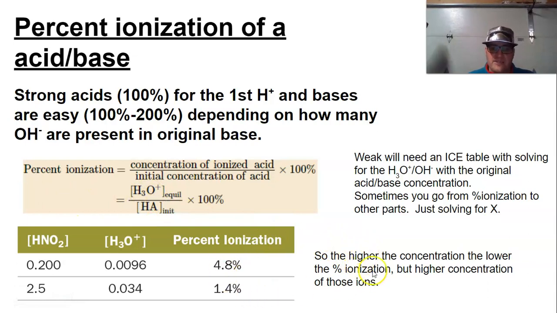Now, one of the things that comes up here, wanting you to think about: the higher the concentration, the lower the percent ionization. Okay, so when you have higher concentration, you get more hydronium. You can totally see it. But the percent that ionized is a smaller amount.